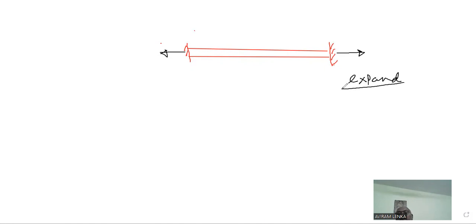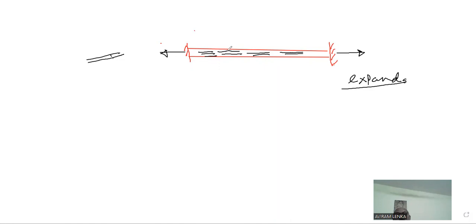Okay, but it expands, and during this process, we know people who are involved in science try to think of the wire in terms of slices. You can visualize the wire in terms of slices, and when the wire expands, there is rubbing between the slices of the wire, and this rubbing creates heat.